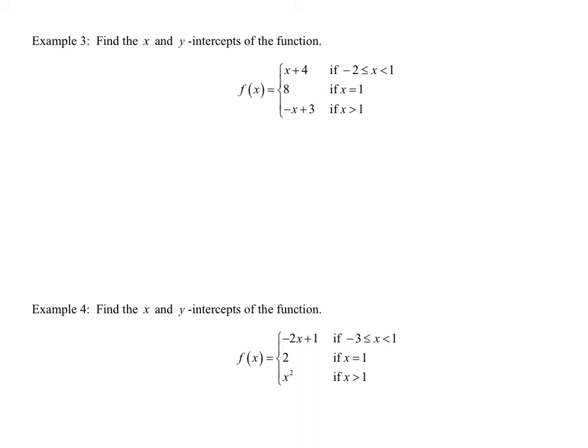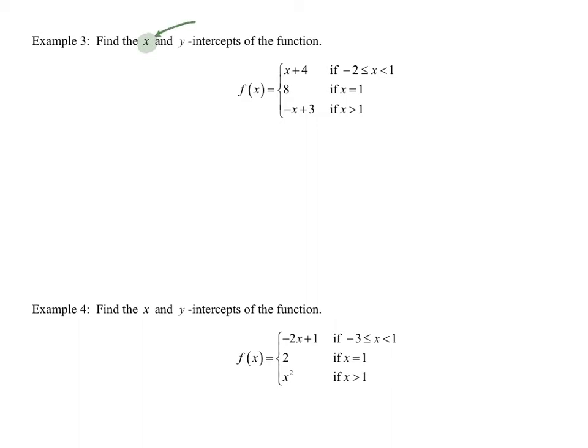Now, this kind of utilizes what we know about x and y intercepts as well as evaluating functions and looking at domains to be able to do this. So one thing I want you to remember is that if you're looking for x-intercepts, that means that the y is 0.